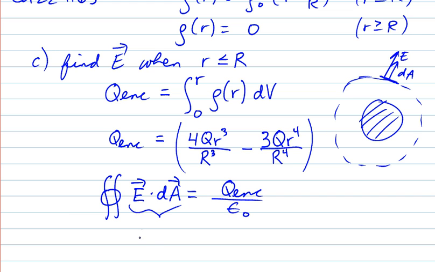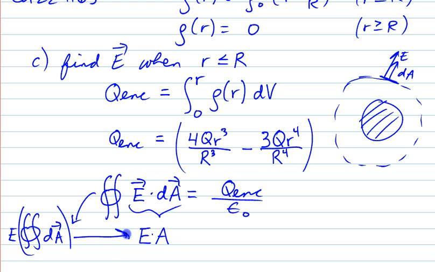So the dot product just turns into E times A. And one simplification that I'm making here is really there's an intermediate step of E times the integral of dA, but the integral of dA just turns into A, the area. Okay, so q enclosed over epsilon naught.